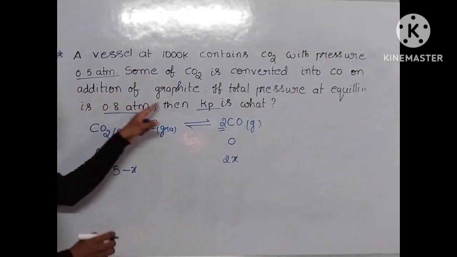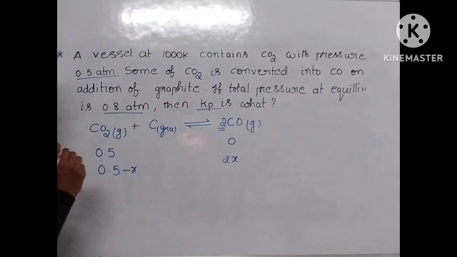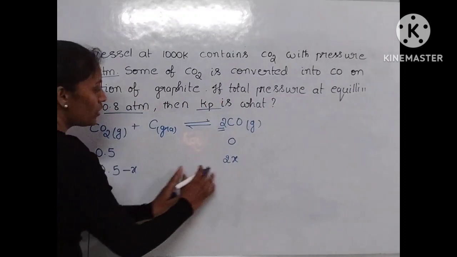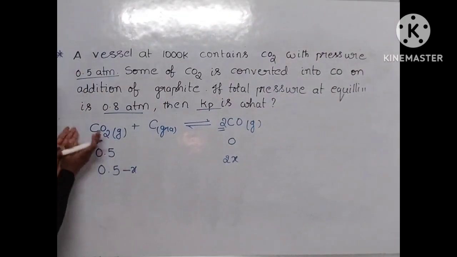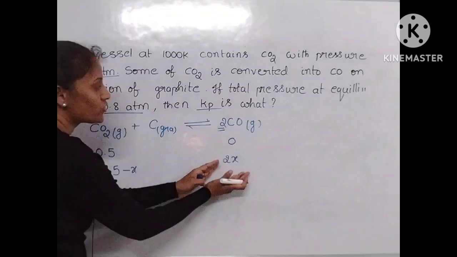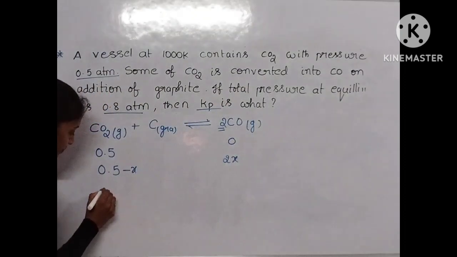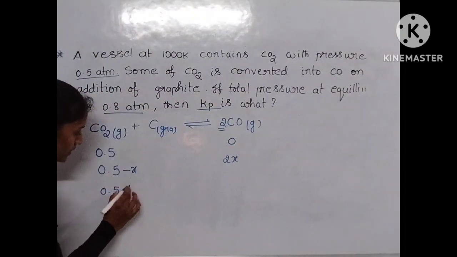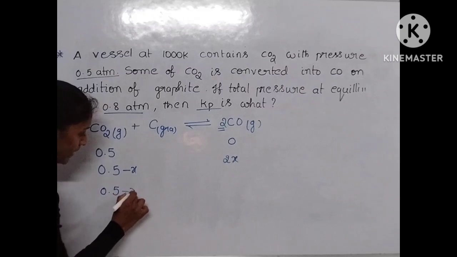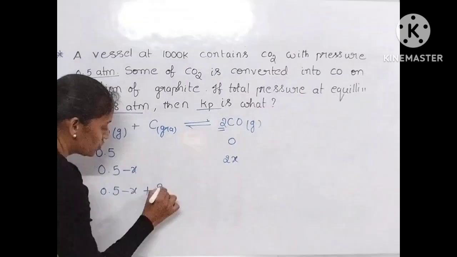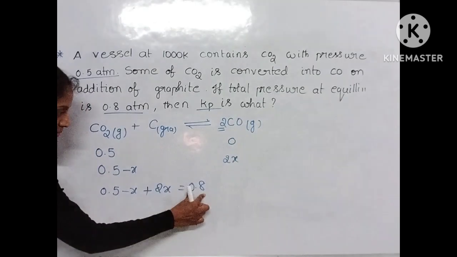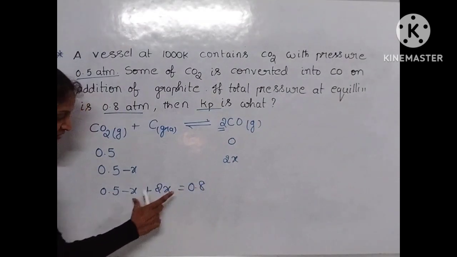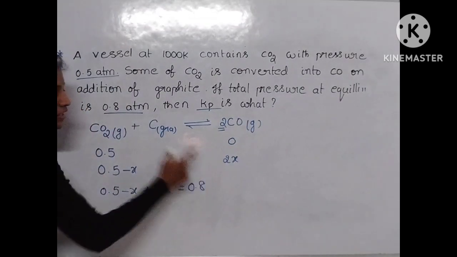Here it's already mentioned 0.8 atm in the data, so you can take the sum of pressures. See here, the pressure of CO2 at equilibrium and the pressure of CO at equilibrium. So 0.5 minus x plus 2x equal to 0.8. That means this is the total pressure at equilibrium mentioned in the data, and this is the total pressure from the equation.